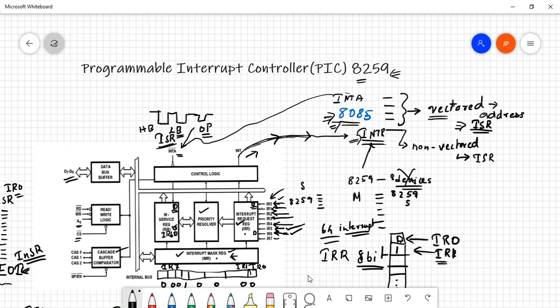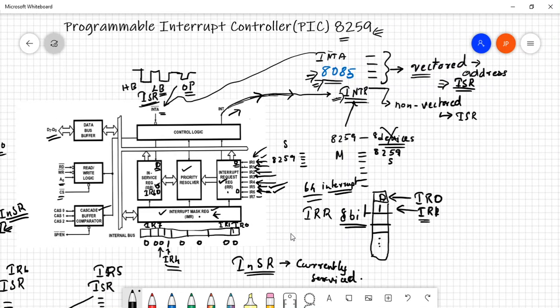Anyway, we'll have a small revision of this particular chip. We have already seen that this is a chip that can be used to increase the number of interrupting devices, right? 8085 has 5 interrupting pins: TRAP, RST 7.5, 6.5, 5.5, and then you have your 5th interrupting pin, which is the non-vectored interrupting pin, that is your INTR.